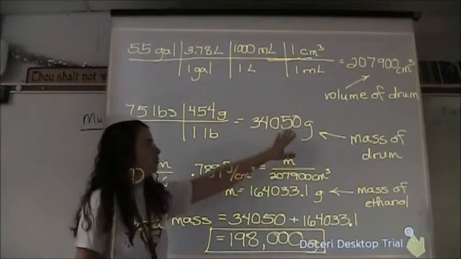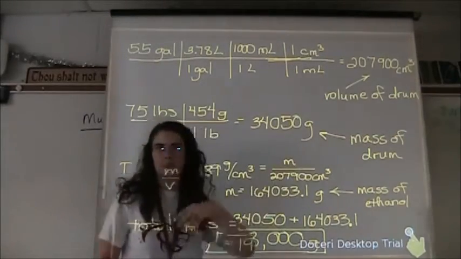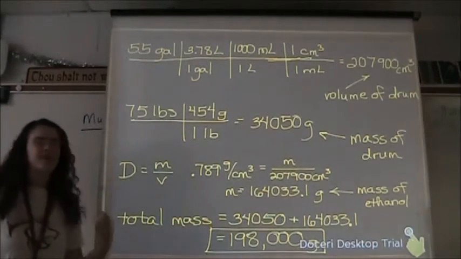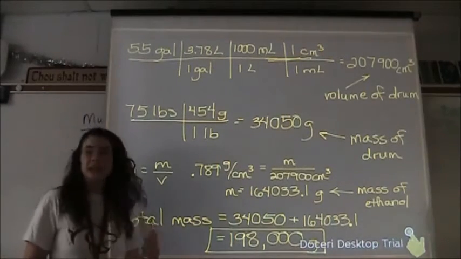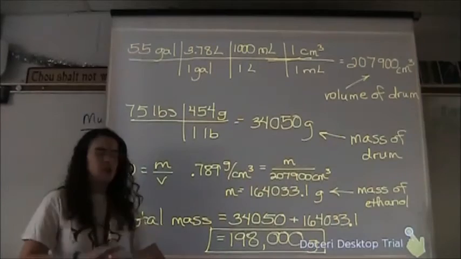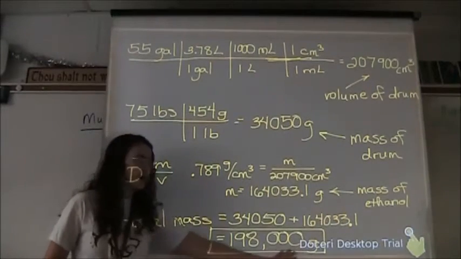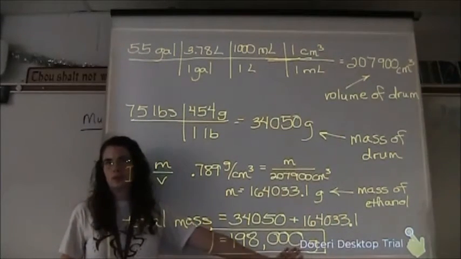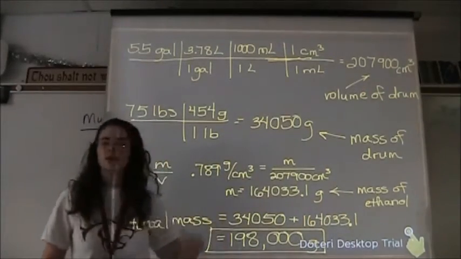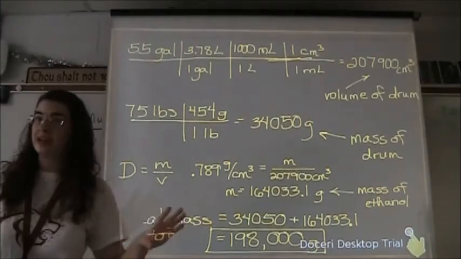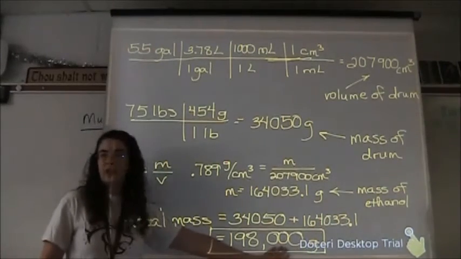I can't just keep writing decimals all over the place, but I haven't rounded very much. Ideally, guys, you don't want to round until your final answer. So leave these intermediate steps with as many numbers as you can stand, and then round at the end.